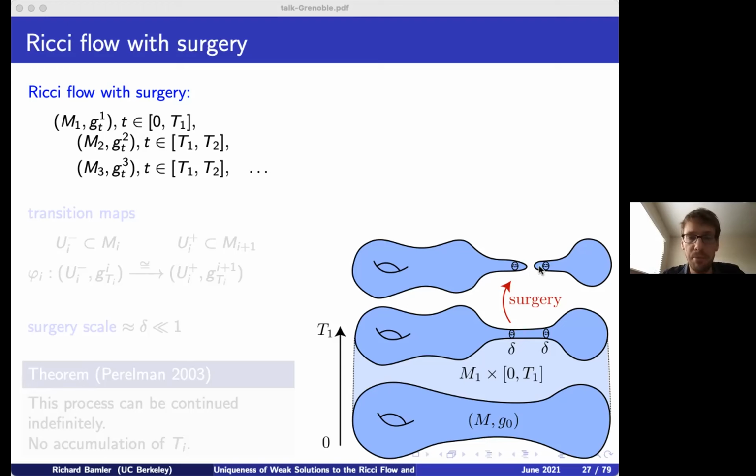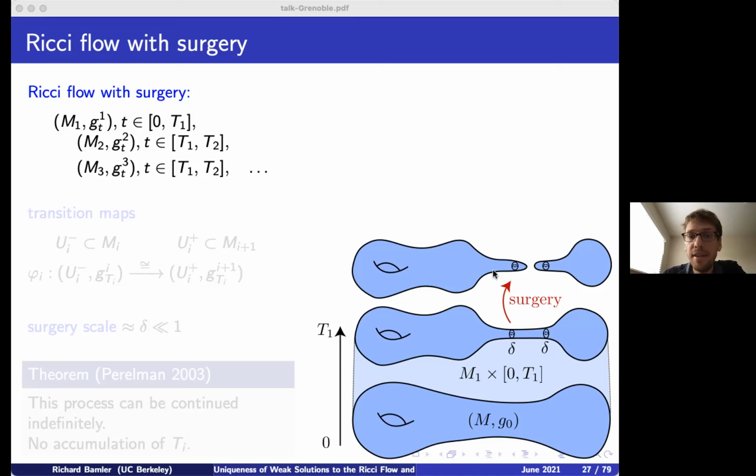The details won't be important. Okay? So what I'm doing here is making the manifold less singular, so I can hope that I can evolve this manifold by the Ricci flow for a longer time. I'm also changing the topology, but in a very controlled way. Namely, I can obtain this manifold from this one by performing a connected sum between these two pieces.